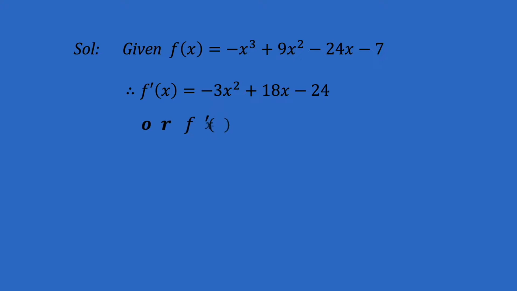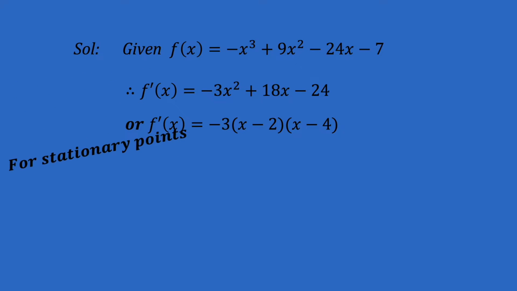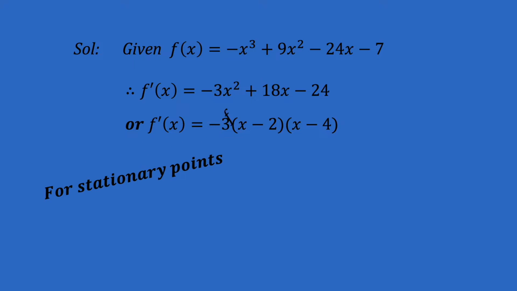We equate the gradient to 0 because we are searching for the stationary points where the curve takes turn. So where the curve takes turn, the gradient at that point of the tangent is always 0. For stationary points, we equate the first derivative to 0 and we write the values of x for which the first derivative is 0.